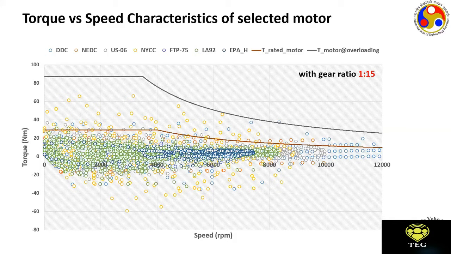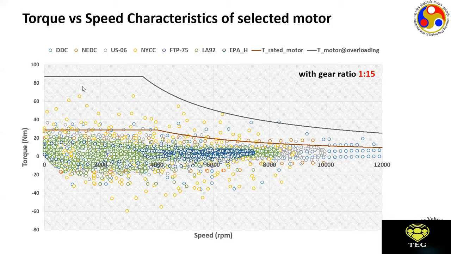So if the brown curve gives me the rated performance of the machine, then I can roughly multiply the brown curve by a factor 3, because it's a water cooled machine. This brown curve multiplied by a factor 3 gives me the black curve.